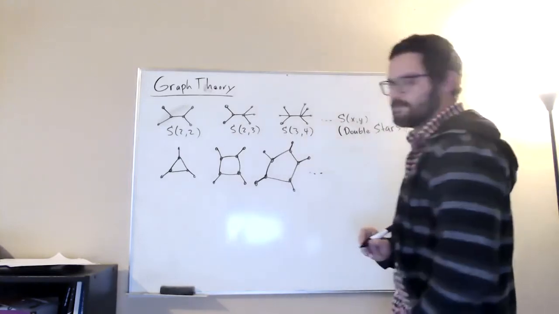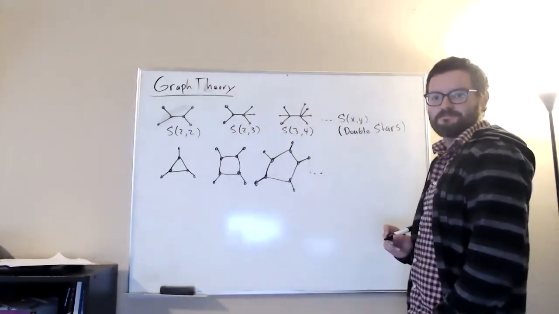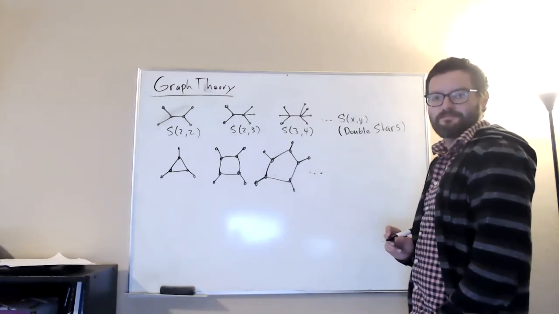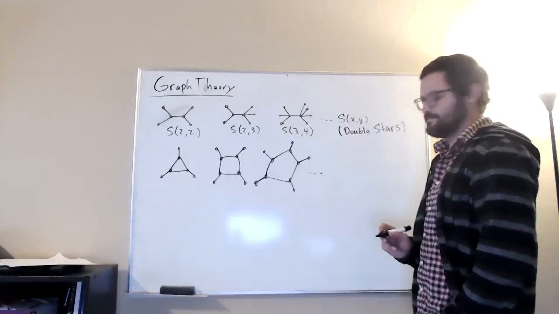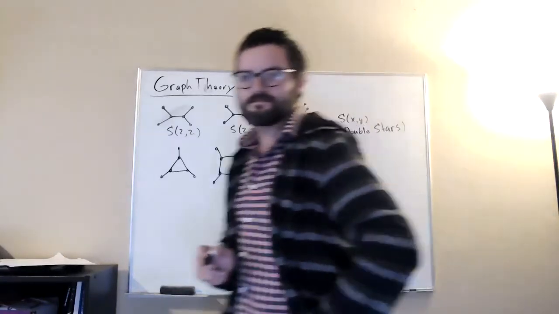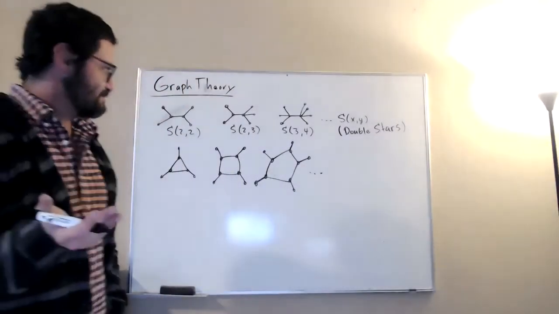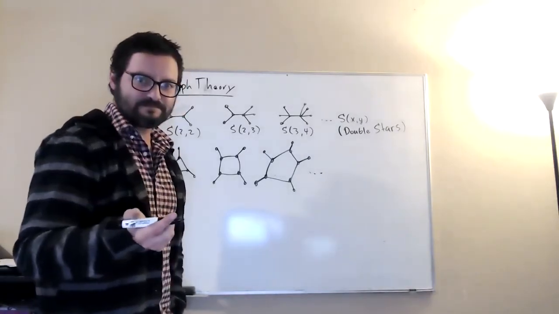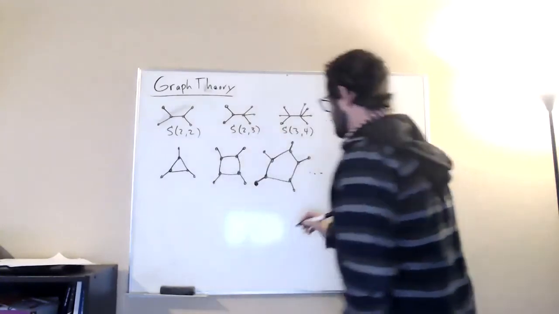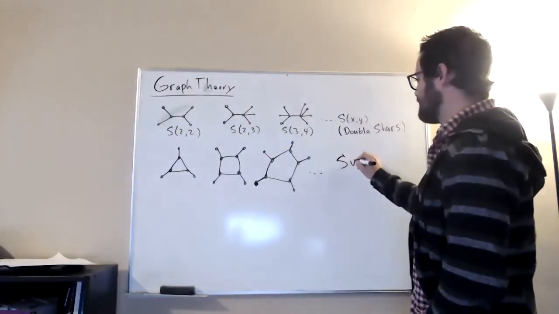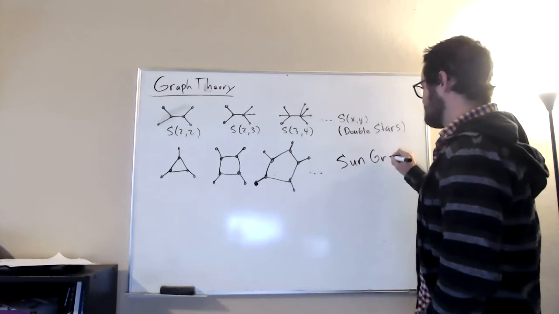What do you think those are called? Take a guess. A double cycle. Starfish. These are called polygon sun tree graphs. Right?